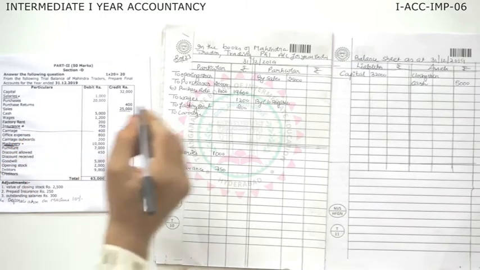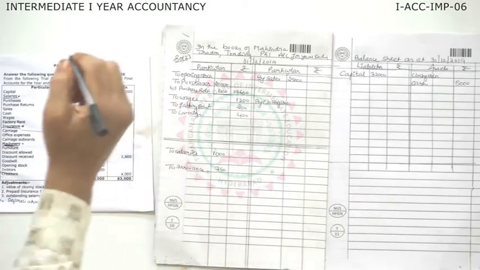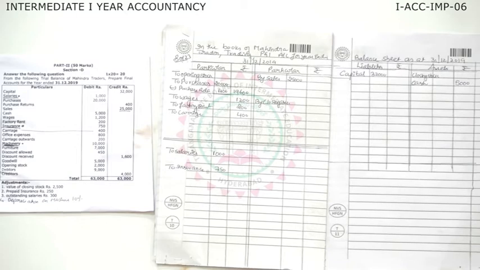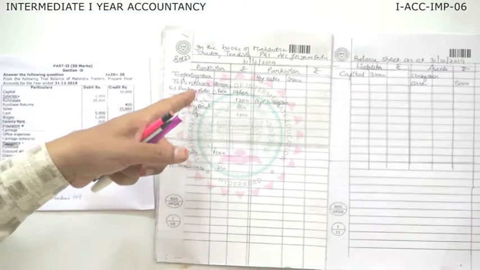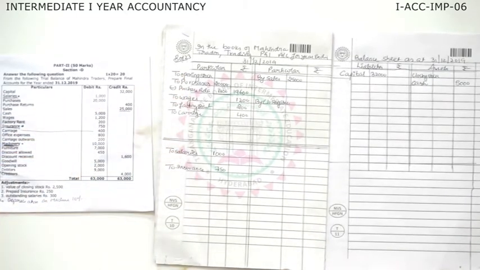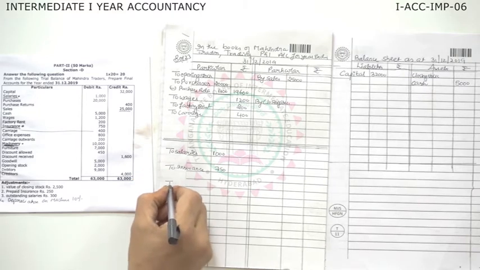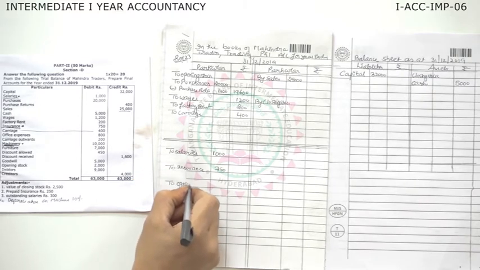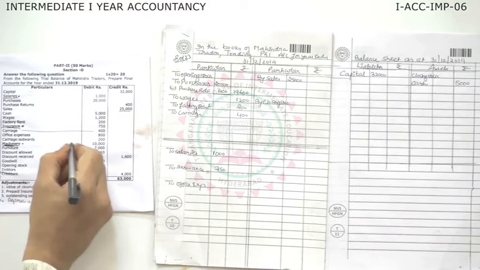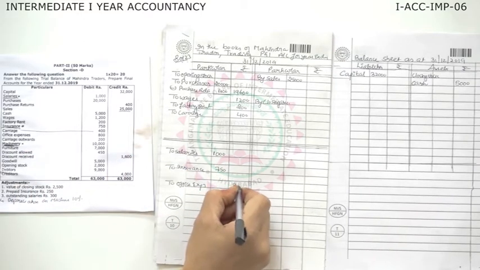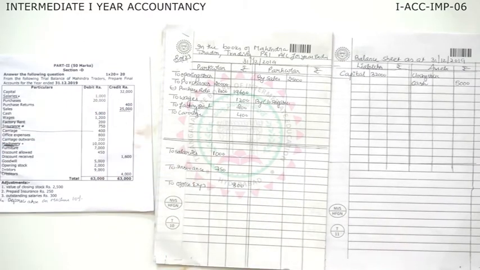The carriage is 400. Then they gave office expense. Factory expense will come in trading account. Office expense will come in profit and loss account. Insurance is in inner column, so I left one line and I wrote office expense, no adjustment, 800.